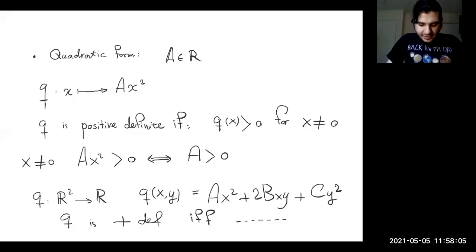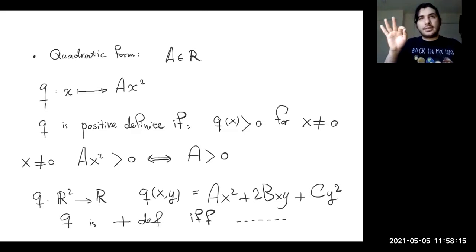So let's first understand, what does it mean for Q of x and y to be positive definite? Because it doesn't take a number now, it takes two real numbers, or we can think about it as a function which is taking a vector in R2. So it's kind of similar.